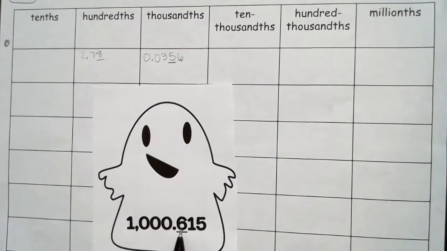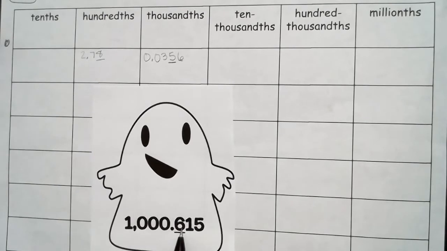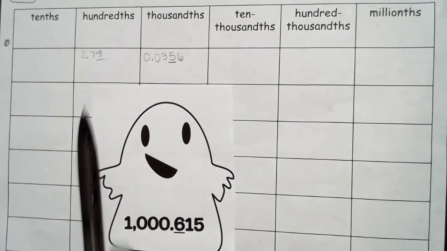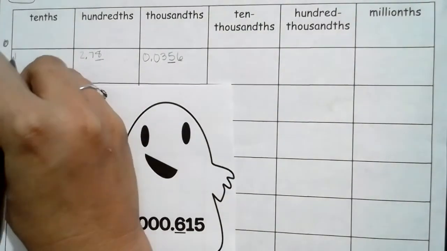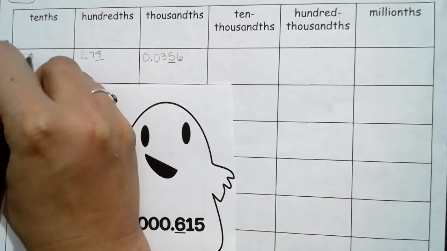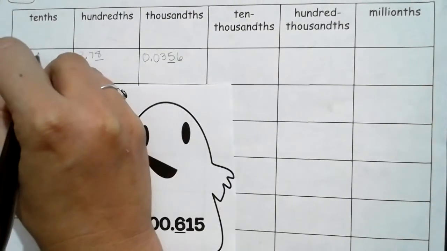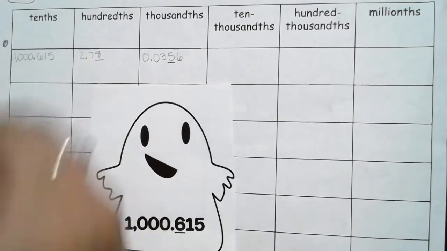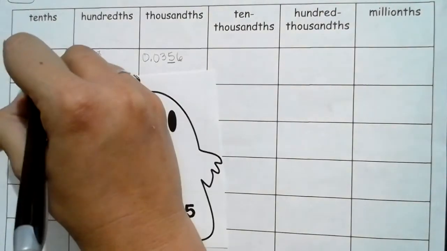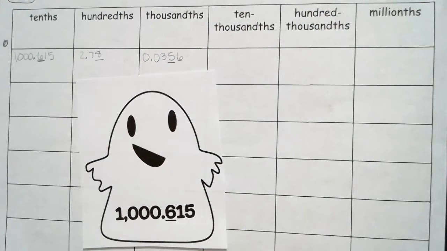So I have to write it in the tenths place, showing me you know which place value is underlined. It is the tenths. So over here under tenths, I'm going to write the number 1,006 thousandths, and the 6, the tenths, is underlined.